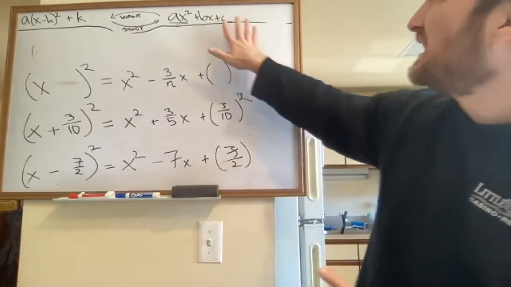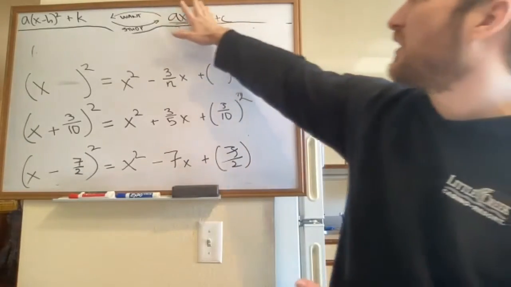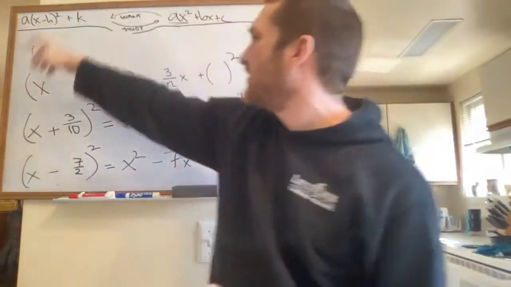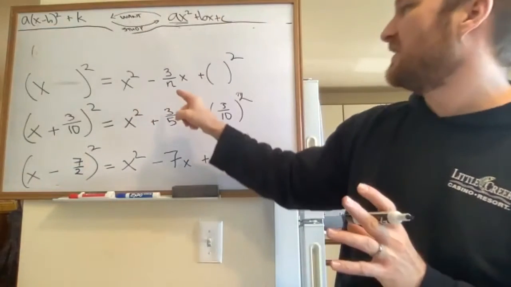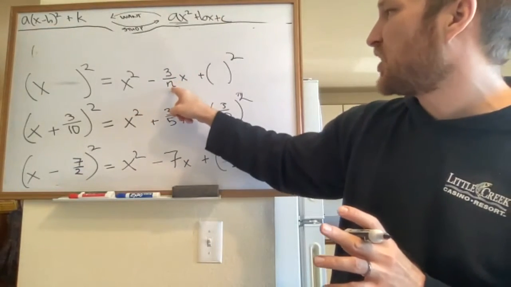Remember what we're doing. You're given something like this, and you want to try to change this thing into that kind of thing. And so we notice that this has to be completely determined.